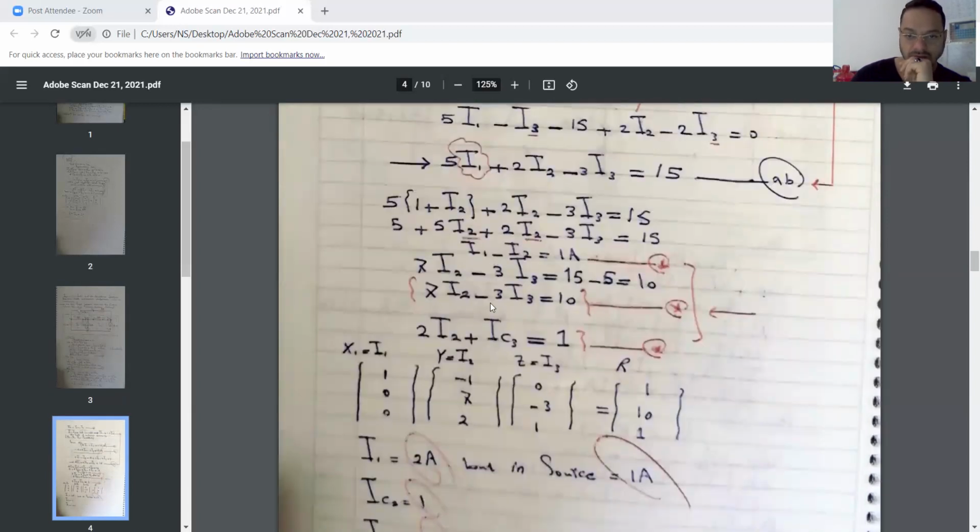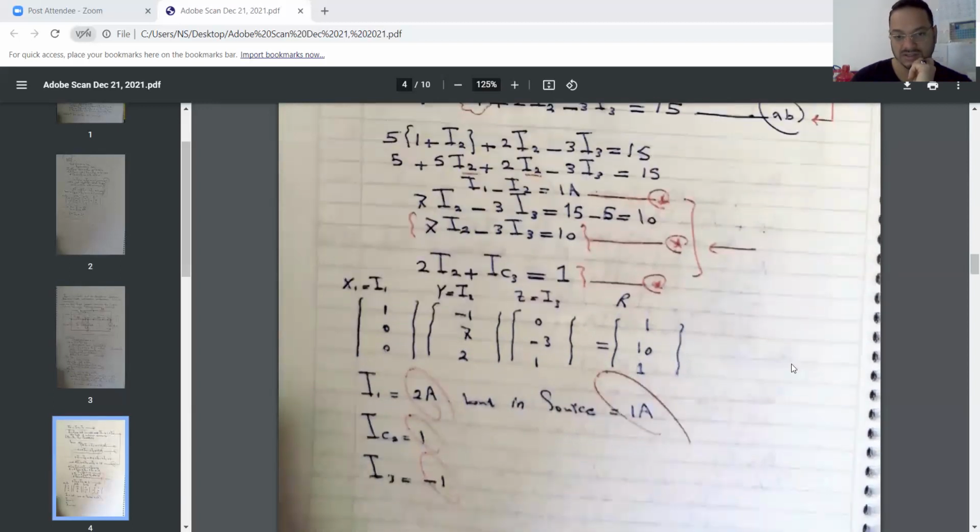Now we have 3 equations with 3 unknown elements. We can use this way, like the previous example, and calculate. But I don't know what my mistake is, because by using this way I1 equals 2 ampere, but the author said it equals 1 ampere.